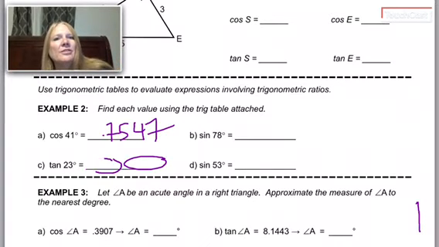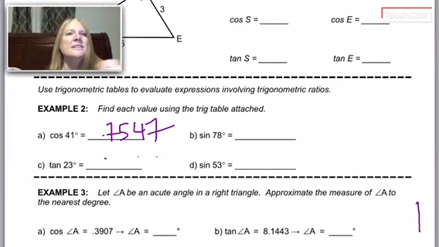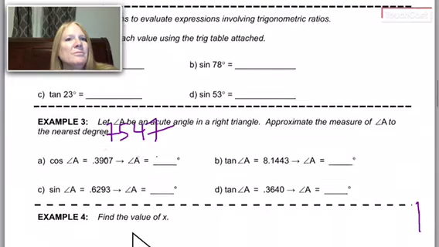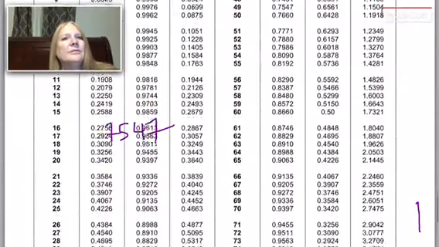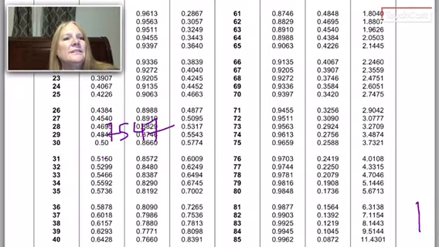Again, we're just going to have to be scrolling back and forth. So now let's look at the sine of 78. Sine was that first column. Here we go. 77, was it? 0.9744.